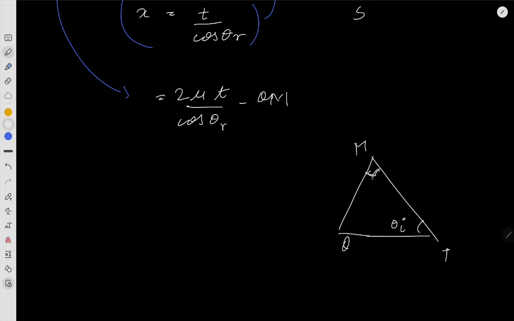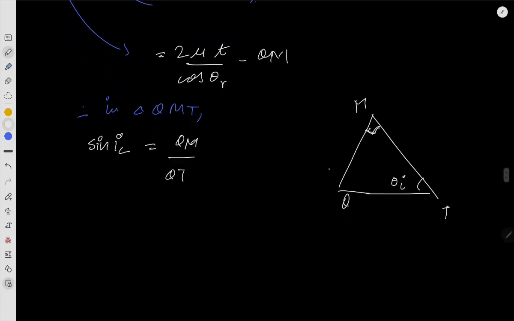So for QM we need the opposite side, and for that we use sine of theta I. I'll write here in triangle QMT, sine theta I equals the opposite side, that is QM upon QT. So now the task is to find QT.